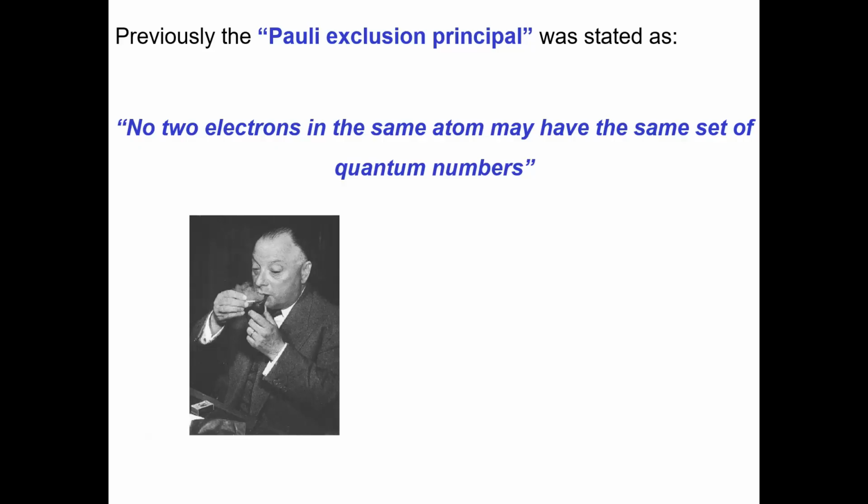Now, it's worth at this point recapping the Pauli exclusion principle. The Pauli exclusion principle states that no two electrons in the same atom may have the same set of quantum numbers. And so what this means is that if two electrons have n, l, and ml in common, then ms must be different.